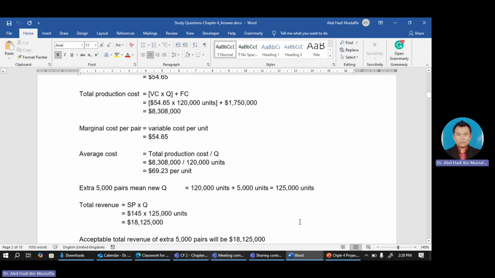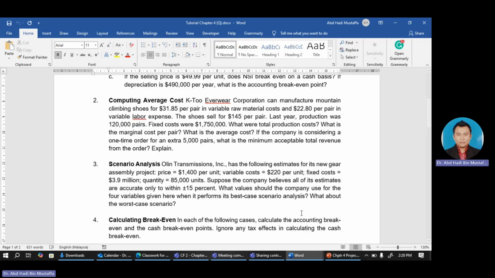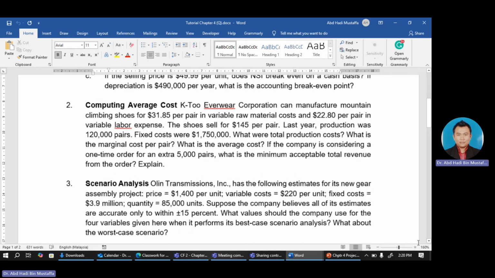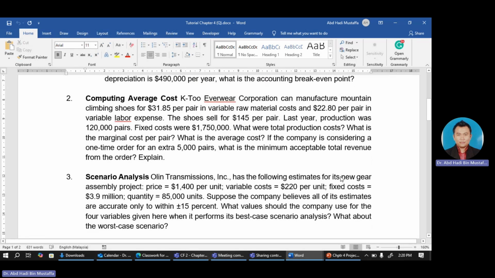I want to start with question number 2. Please stand by with your writing gadgets and so on. Please read this question for 2 minutes. Try to understand question number 2, chapter 4, and then I will explain to you how to calculate question number 2.